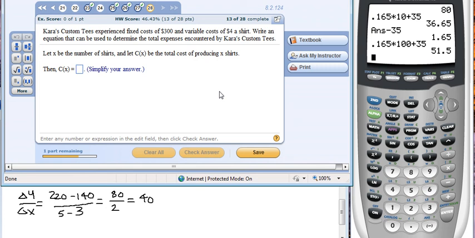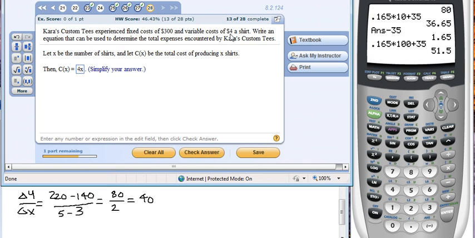So we want to write an equation so that we can figure out what the cost is no matter how many shirts she makes. Okay? Now this is a linear equation. We have the mx plus b format. So we have the variable cost of $4 a shirt. We have x shirts, so that's your slope, 4x.